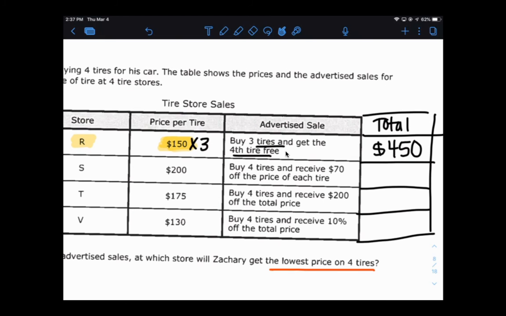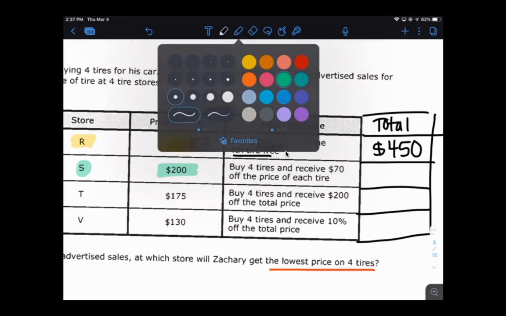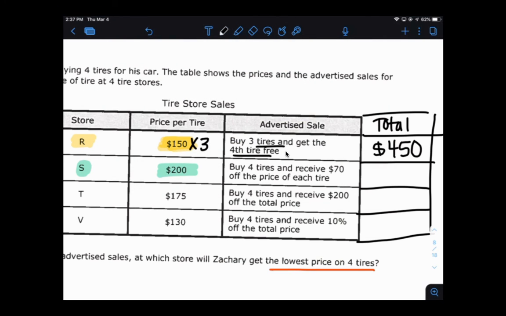Then it says on store S, I'm going to look at store S. It says that each tire is $200, but let's see what's the deal. It says buy 4 tires and receive $70 off the price of each tire. So basically, if you subtract $70 from $200, each tire will cost, right?